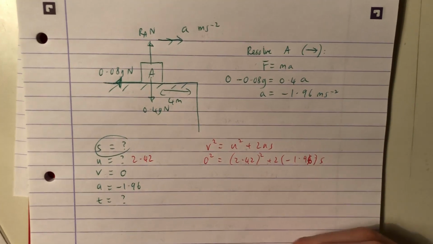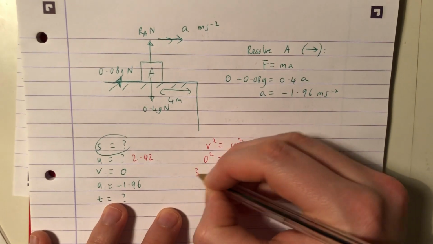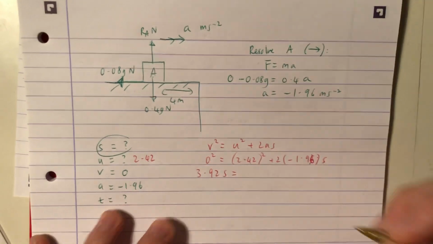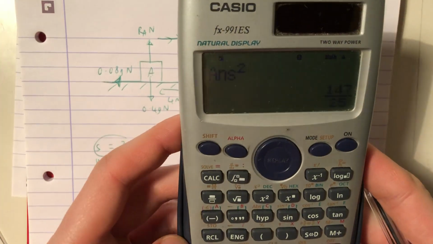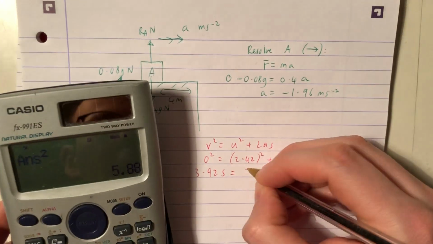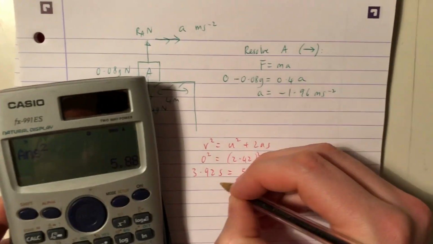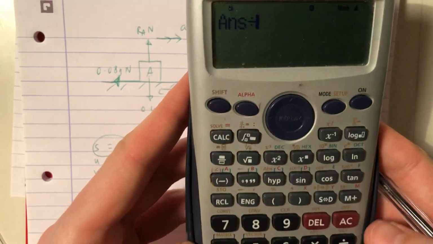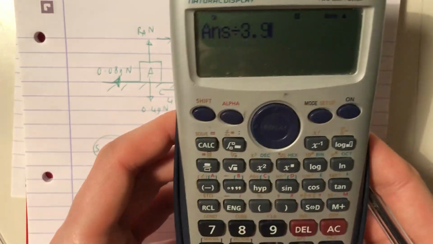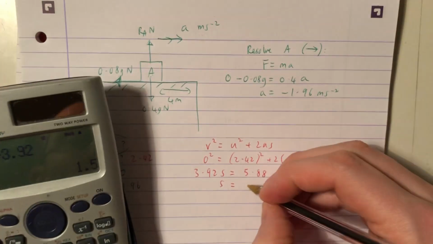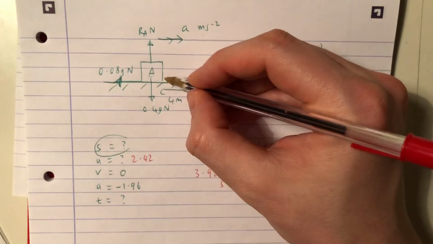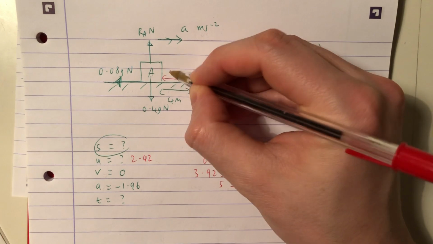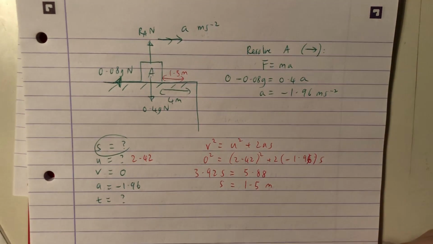Add that to this side, that would be 3.92S equals this squared, which was that. And S would be 5.88 divided by 3.92, which is 1.5 meters. So it actually moved an extra 1.5 meters.